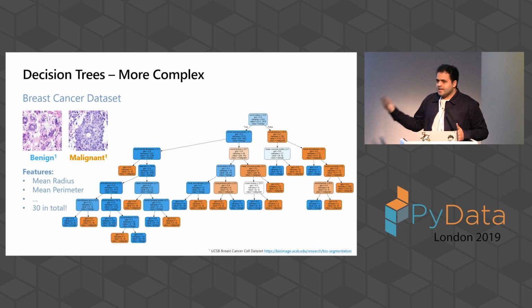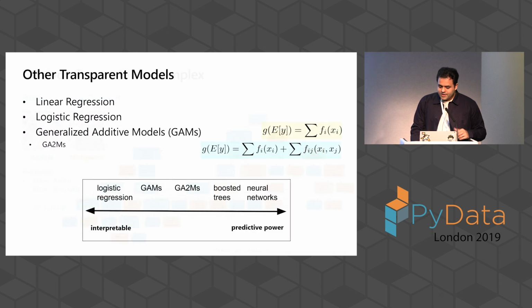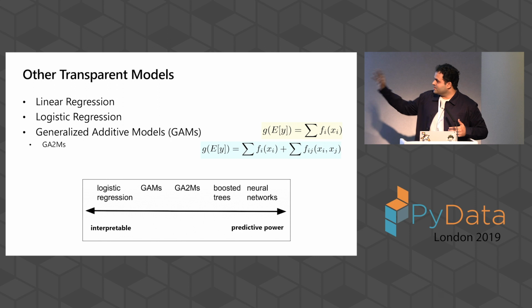But this is still understandable. You can very easily understand what this model is saying. There are, of course, other transparent models that you can use that fall on the interpretable side of the spectrum. But what we're going to be focusing on are models that are slightly more complex, that have high predictive power, but are not so interpretable. And let's see what kind of techniques we can apply there.